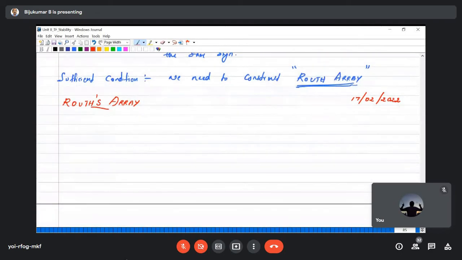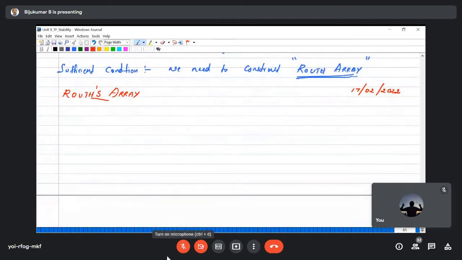Clear? Yeah. So this is very simple conceptually. We know our polynomial is a0 s^n plus a1 s^(n-1), something like that, right? So the first step is you have to write the powers of s from the higher order to the lower.